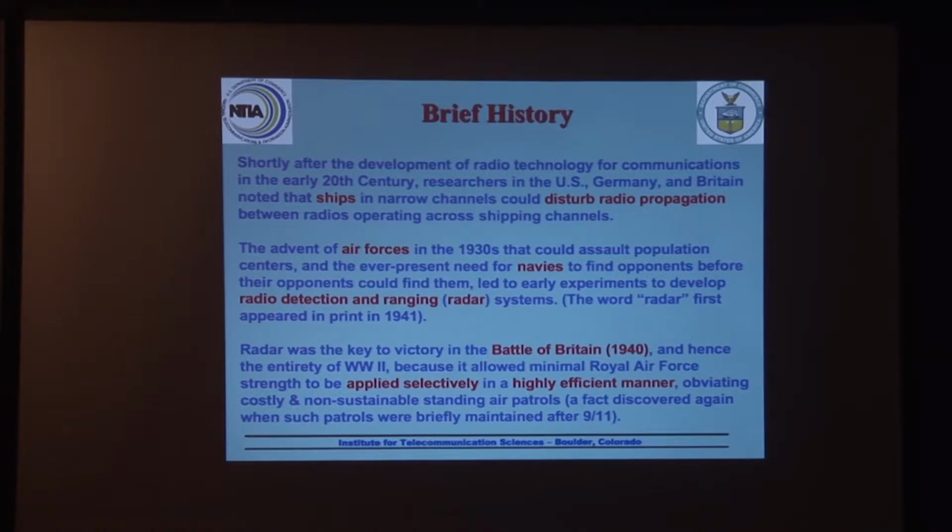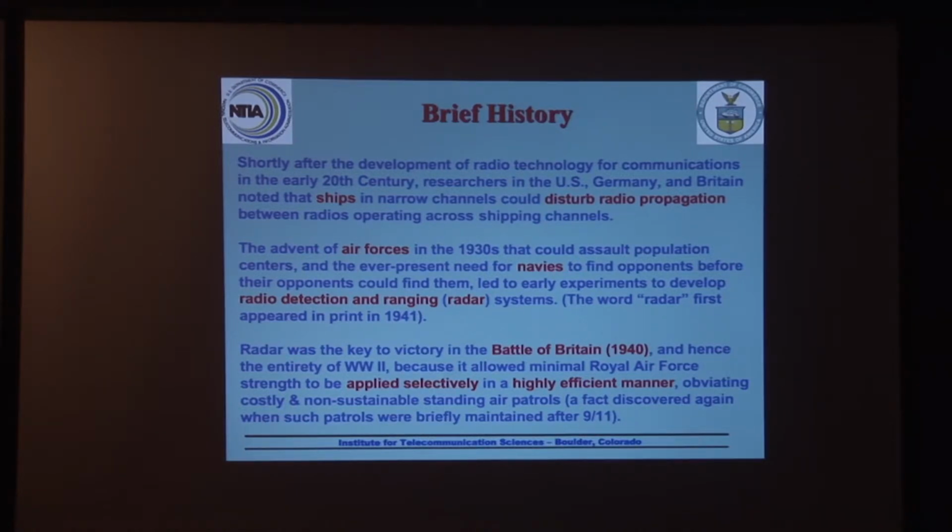But these early observations about the disturbance of radio propagation bore more fruit. And so by the late 1930s, early 1940s, radio detection and ranging, so-called radar systems, came into existence. The word actually appears in print for the first time in 1941.